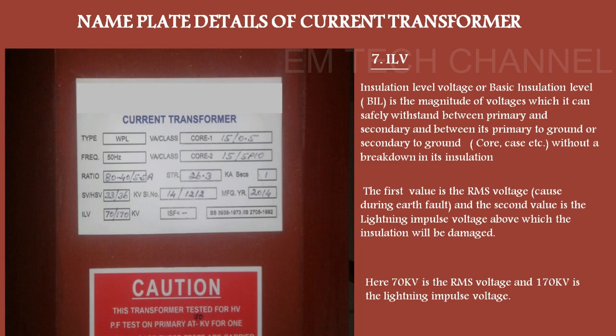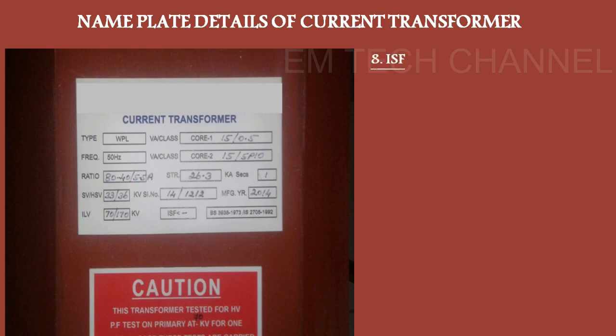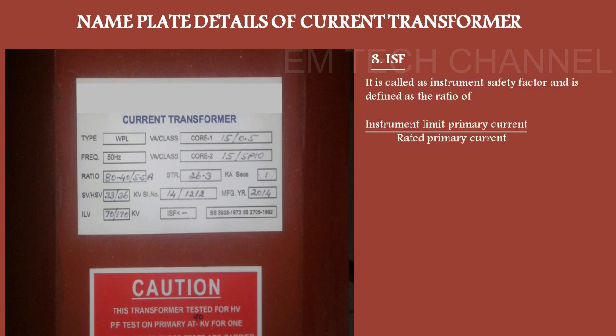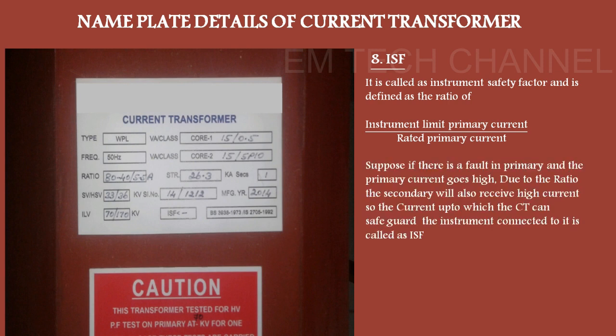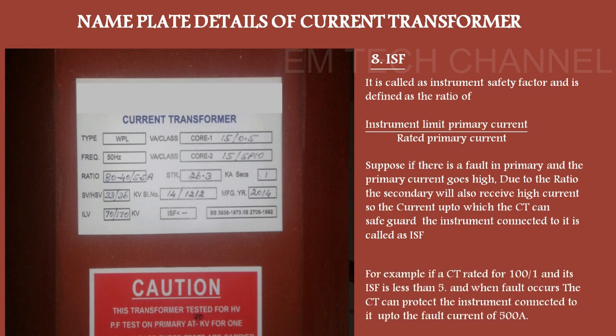Next comes ISF. ISF is called the instrument safety factor, and it is the ratio of instrument limit primary current to the rated primary current. This is a measure of the amount of current that the CT can safeguard its protection device against. For example, suppose there is a fault in the primary and the primary current goes high; due to the ratio, the CT secondary will also receive a high current.